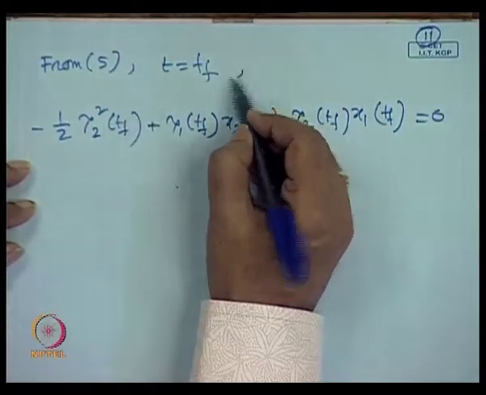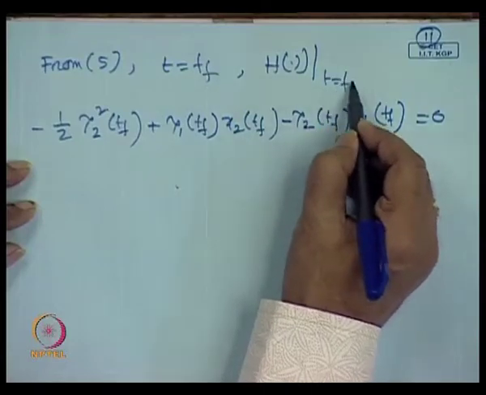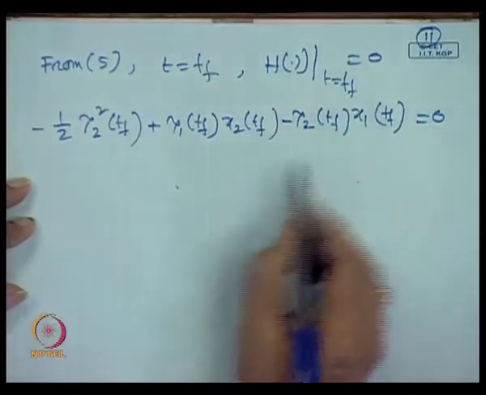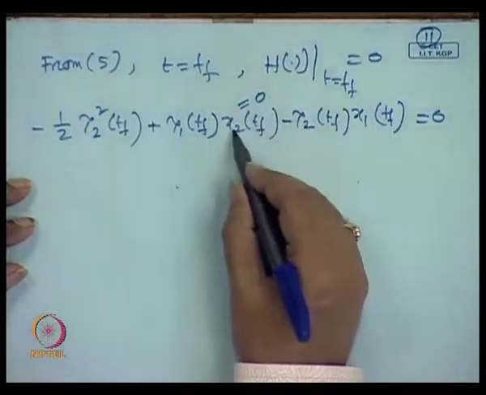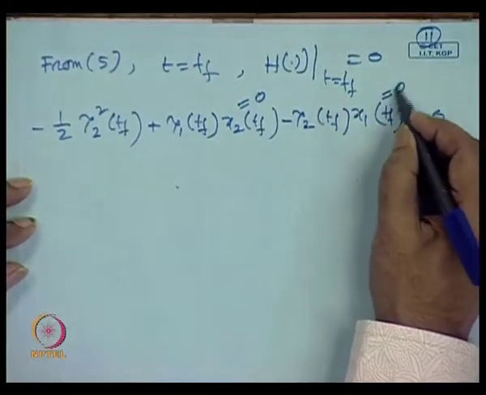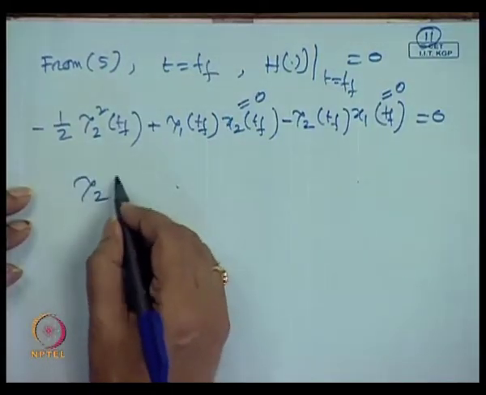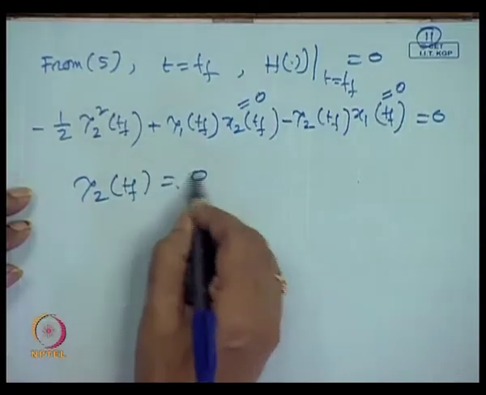So, what I did here, you see H at t equal to T_f is equal to 0. This equation is 0 because the final state variable values are 0. So, only this one: λ2(T_f) is equal to 0.